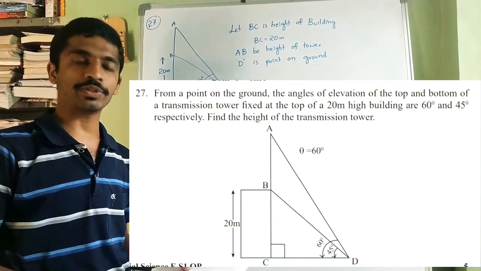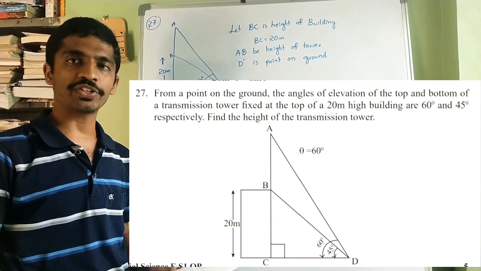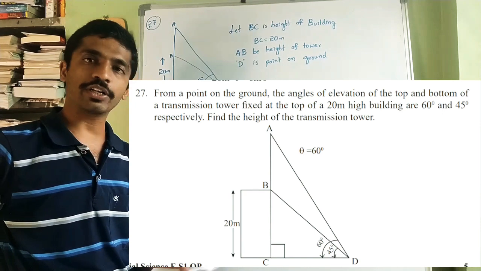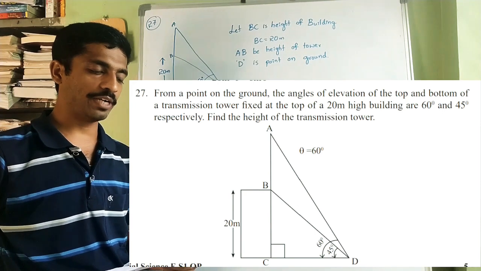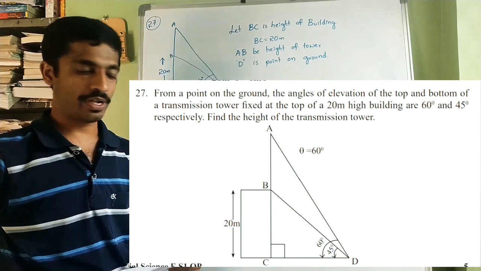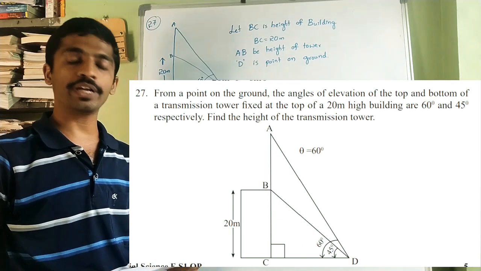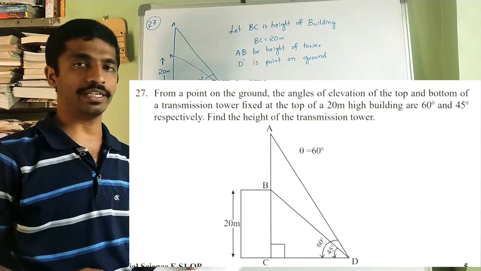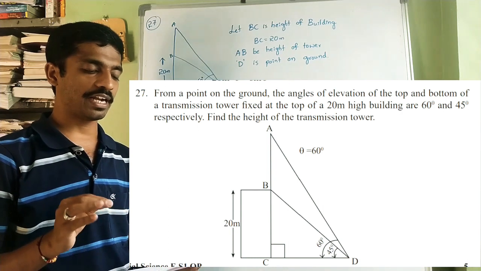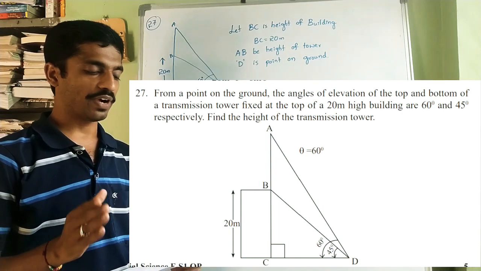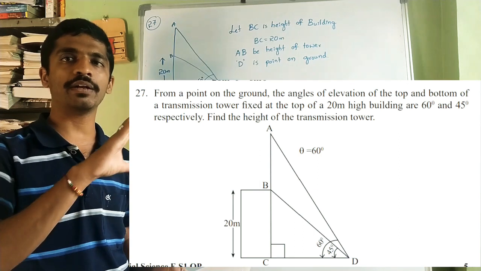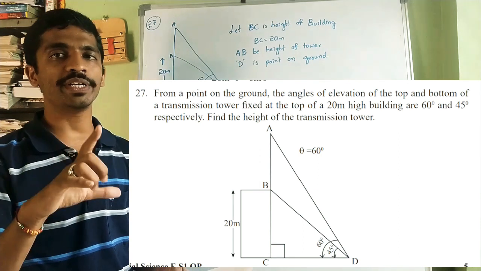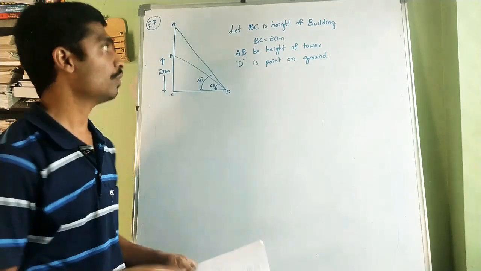In the 27th question, it is an application of trigonometry. From a point on the ground, the angles of elevation of the top and bottom of the transmission tower fixed at the top of a 20-meter high building are 60 degree and 45 degree respectively. Find the height of the transmission tower. So here one tower is fixed on a building which is 20 meters in height.